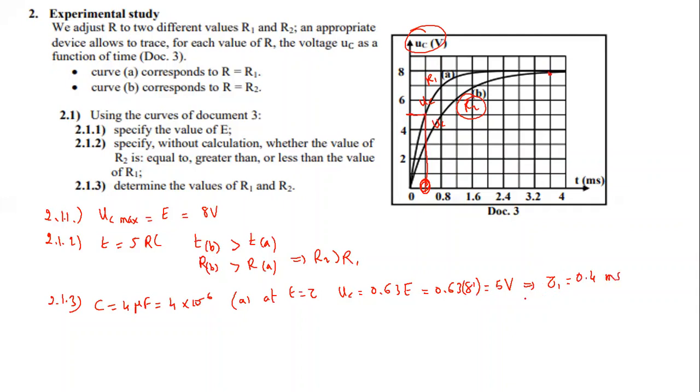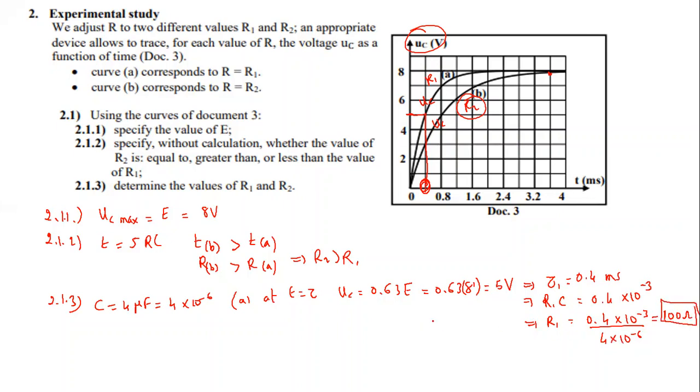But we know that tau is equal to R times C, which means that R1 times C is equal to 0.4 times 10 power minus 3. And we have C, which means that R1 is equal to 0.4 times 10 power minus 3 over C, which is 4 times 10 power minus 6. And then the answer for R1 will be equal to 100 ohm. This is the value of R1.